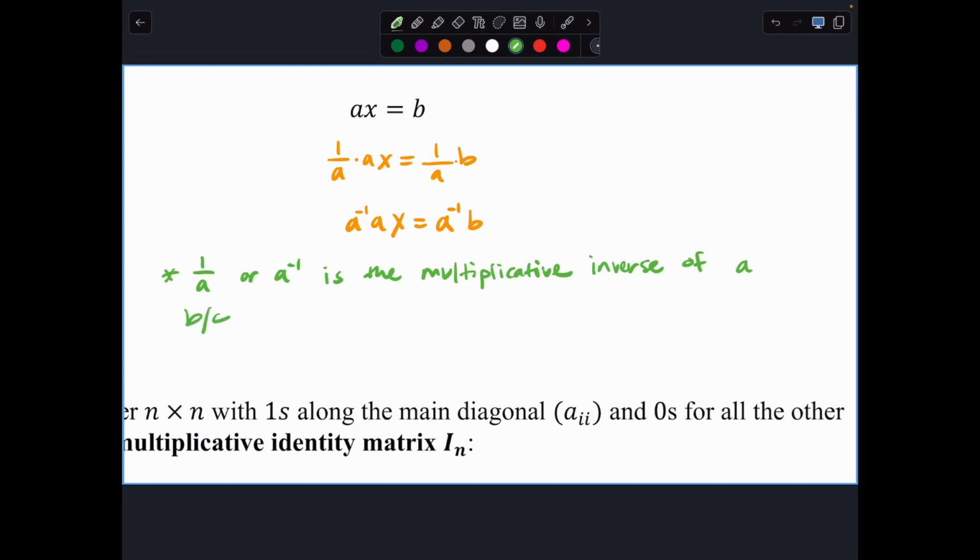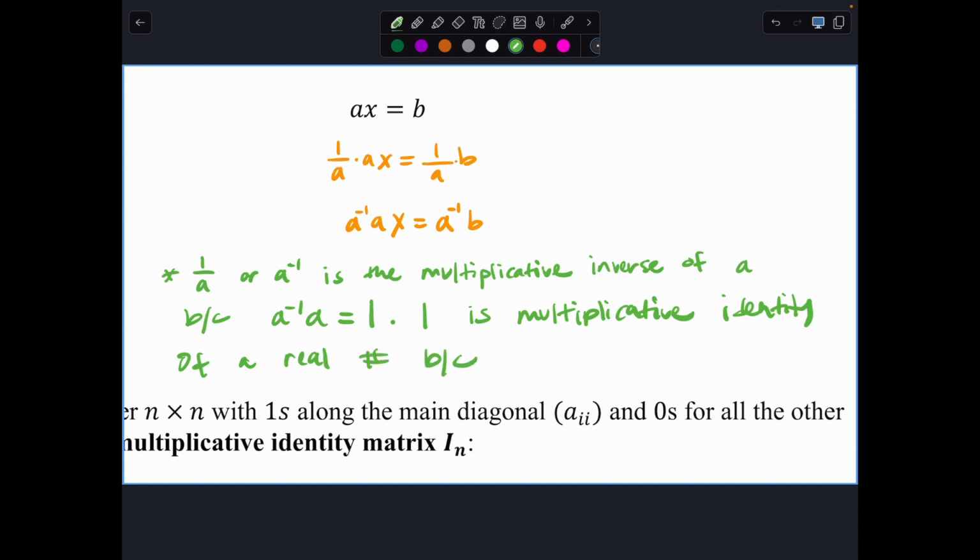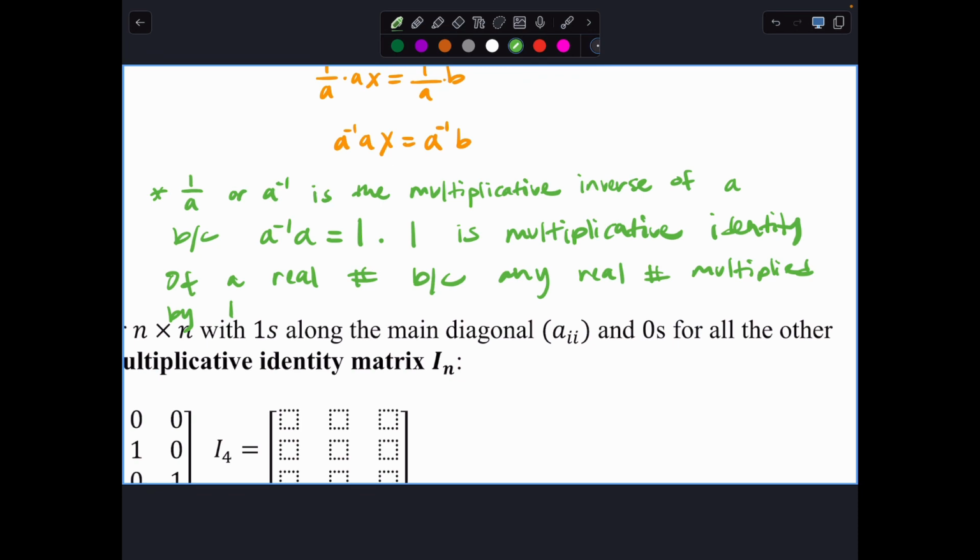Because a to the negative first times a is equal to 1. 1 is the multiplicative identity of any real number, because any real number multiplied by 1 is itself.